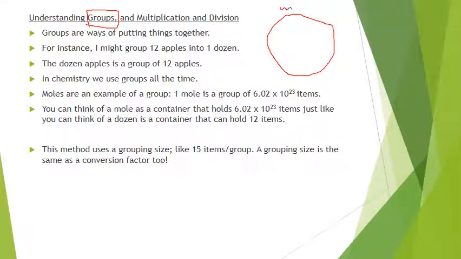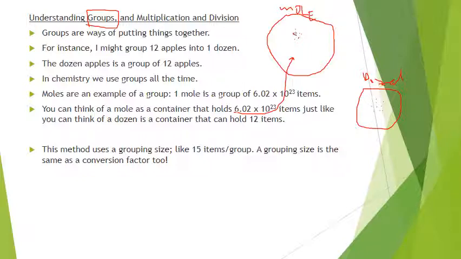Okay, so you might think of it as a mole. Here's a mole, and a mole is just basically a container, and in that container are 6.02 times 10 to the 23rd items, just like a dozen holds 12 things.